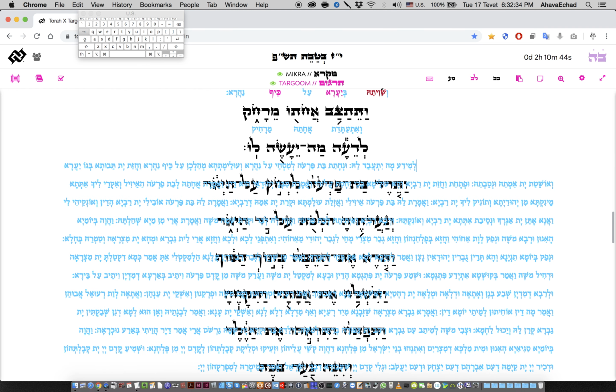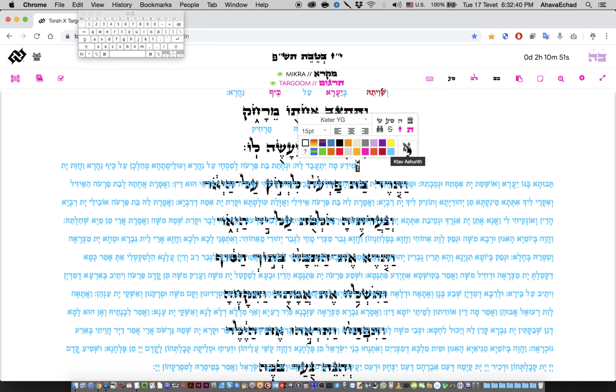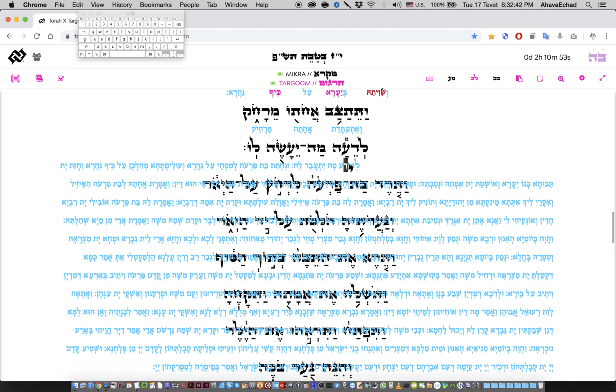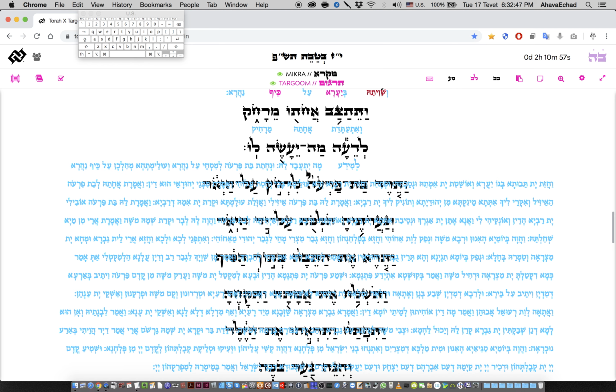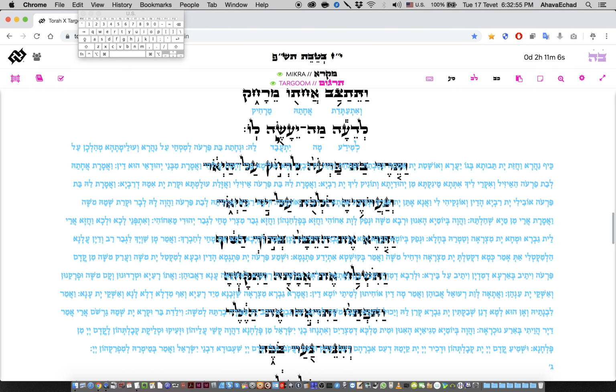Anyway, l'de'a ma ye'aseh lo. Lemida. Here it has the word lamed hiding, but it has the word dalet as well. Lemida ma yit'aved le. In order to know what will be done to him, what will be worked on him.